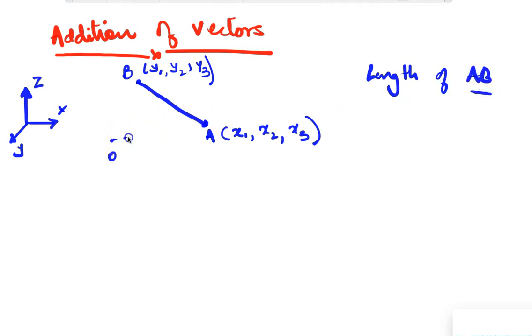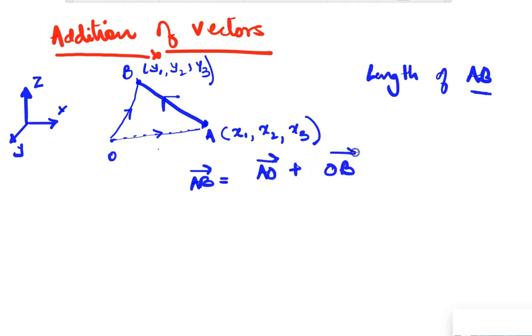So again, we have vector OA and vector OB. By the triangle law of addition, we can say that vector AB is nothing but AO vector plus OB vector, right?